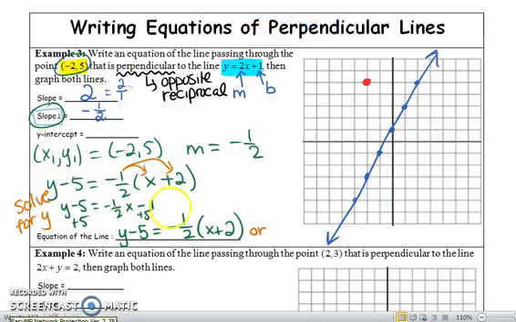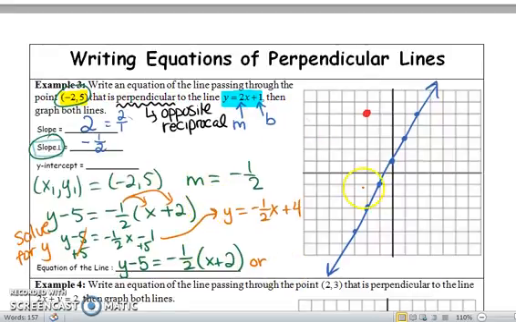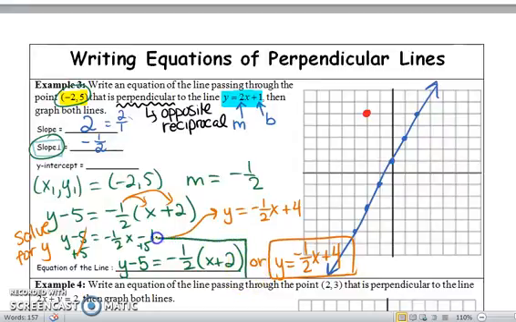I'm running out of room, so I'm going to draw a little arrow. That goes away. I'm going to have y equals -1/2 x, -1 plus 5 is +4. So the other possible equation of my line is y equals -1/2 x plus 4. Either one is a valid equation for the line that is going to be perpendicular to the line that was given to us.